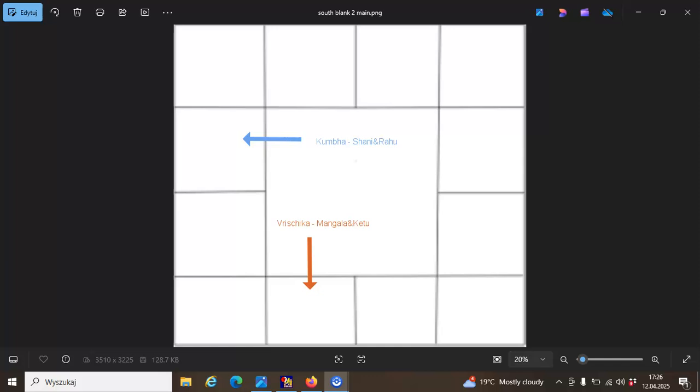In our example, let's imagine Mangala is in the sign of Makara in conjunction with Chandra, and we've found Ketu in the sign of Mithuna, but remaining there alone. So which Graha will be stronger?